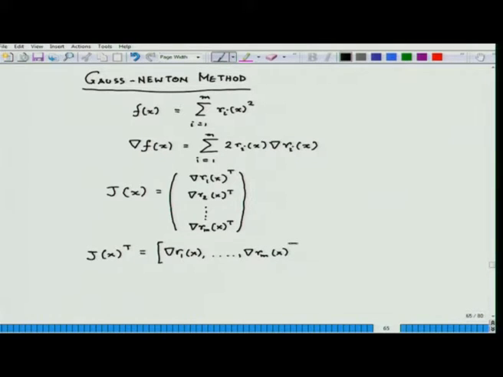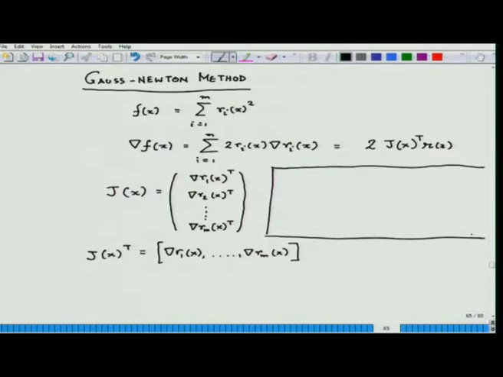See, we are always writing things as column vectors. Now, this simply means I can write the gradient of f as twice J(x) transpose R(x), if you know simple multiplication.